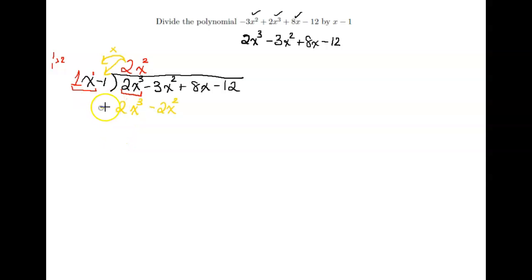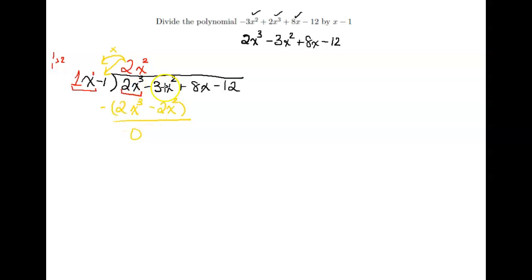And next, we're going to subtract, just like we did with the numbers. And if we've done this right, this first term will cancel out. And it looks like it does, because 2x cubed minus 2x cubed is 0. That's exactly what we want. Now be very careful here, because we're subtracting a negative, which means we're actually going to be adding.